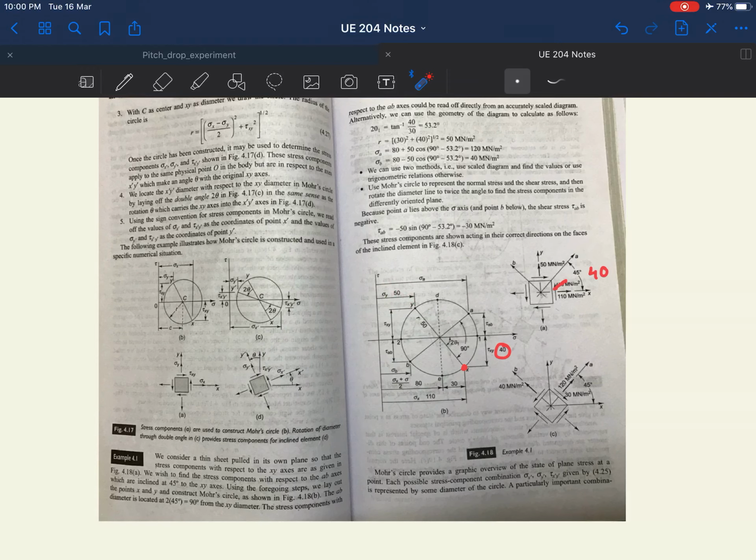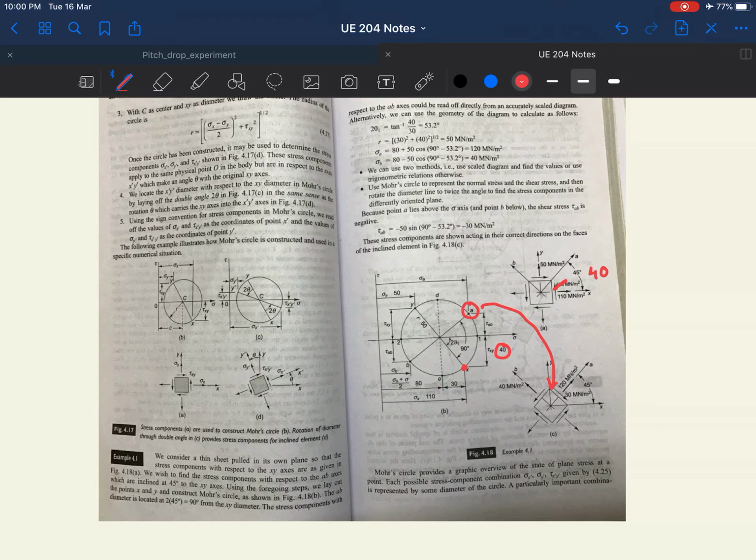Given all these numbers, you can draw this circle, and then it is rotated by 45 degrees, so you have to rotate this axis by 90 degrees right here. Once you rotate it by 90 degrees, you can find the stress on this right hand face. So this point should correspond to this face.